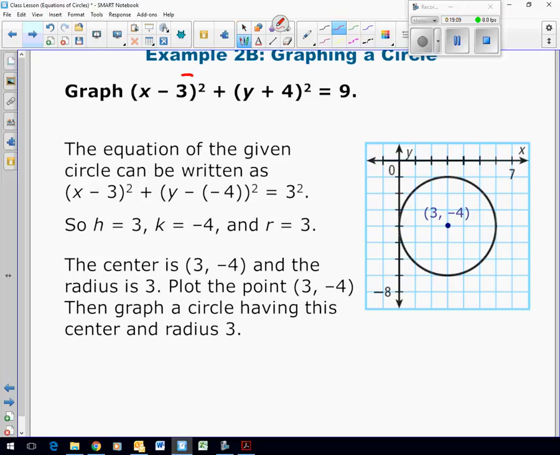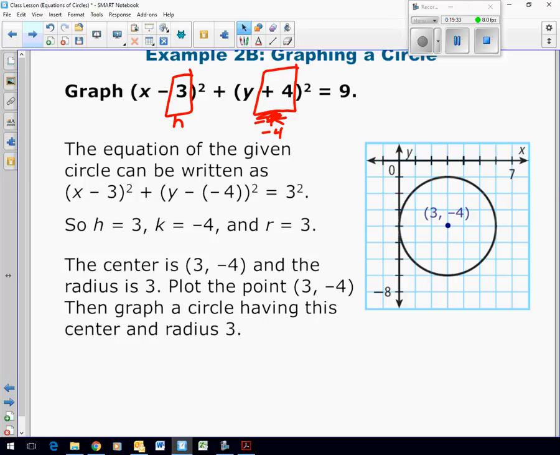This is 3, right? That's your H. Trent, what did I have to do to get plus 4 there? Negative. Right? I took minus -4. So K is really the opposite of that. That makes it -4. You just gotta look right there on the picture. If you don't have the picture, it's tough.